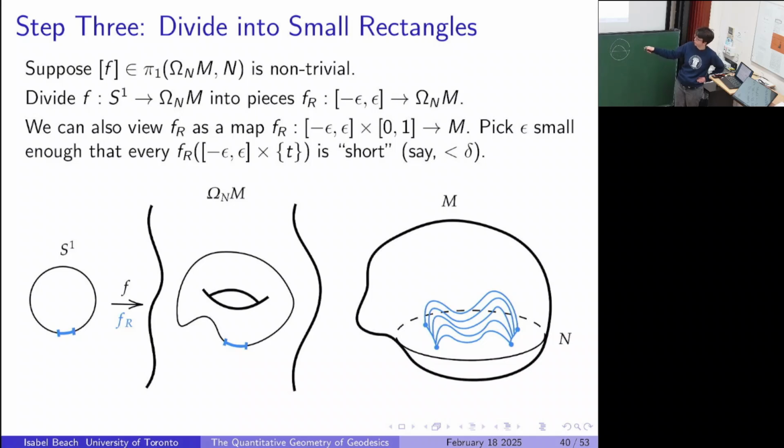So this blue interval gets mapped to this little segment of my curve. And then I can remember that this curve is a rectangle in my manifold, where the 2 edges of the rectangle lie in the manifold N. And when I say I want my rectangles to be tiny, I'm just meaning that these cross-sectional lines should be small, which we'll see in a second here.